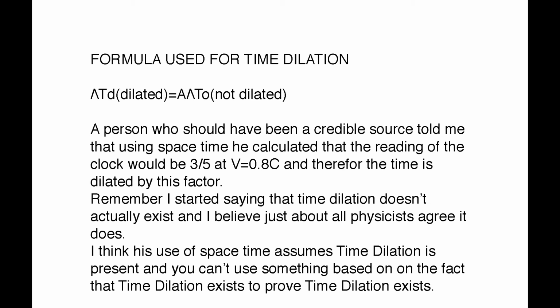Remember, I stated that time dilation doesn't actually exist, and I believe just about all physicists agree it does. I think his use of space-time assumes time dilation is present, and you can't use something that is based on the fact that time dilation exists to prove that time dilation exists.